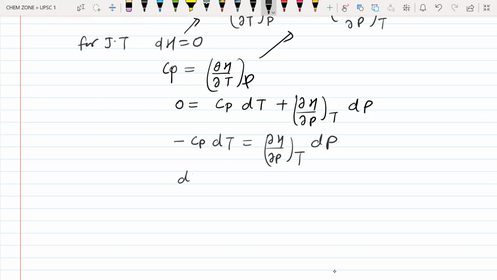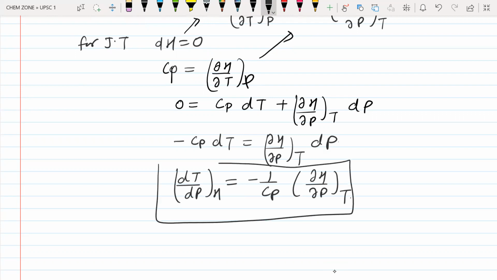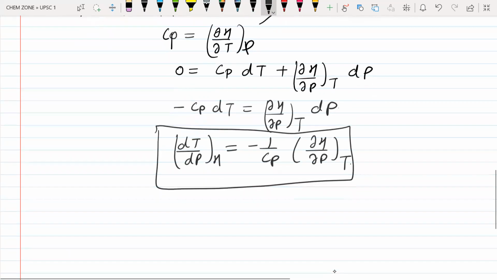From here, we can write dT by dP at constant H is equal to minus 1 by Cp del H by del P at constant T. This is the expression we want.